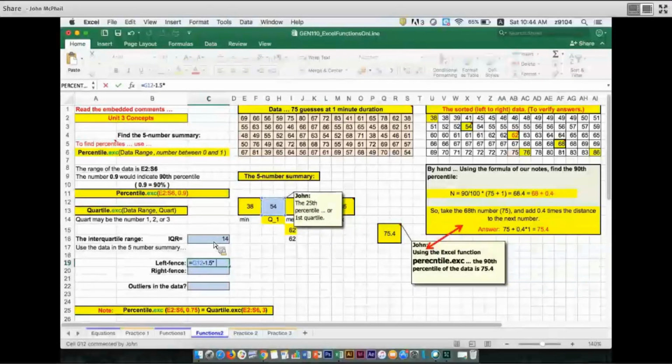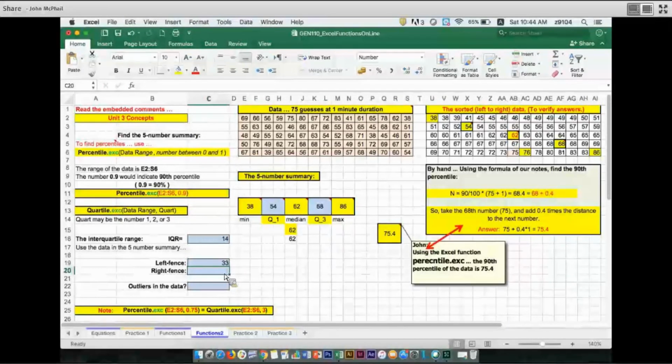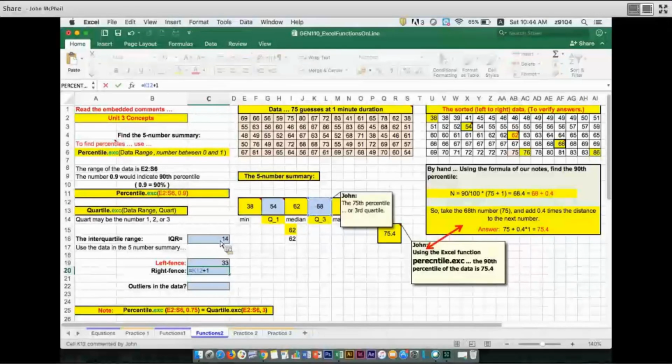The left-hand fence in this case is 33. Similarly, the right-hand whisker begins at the third quartile, and it can go a maximum distance of 1.5 times the interquartile range. And so the upper fence, or the right-hand fence, is at the number 89.